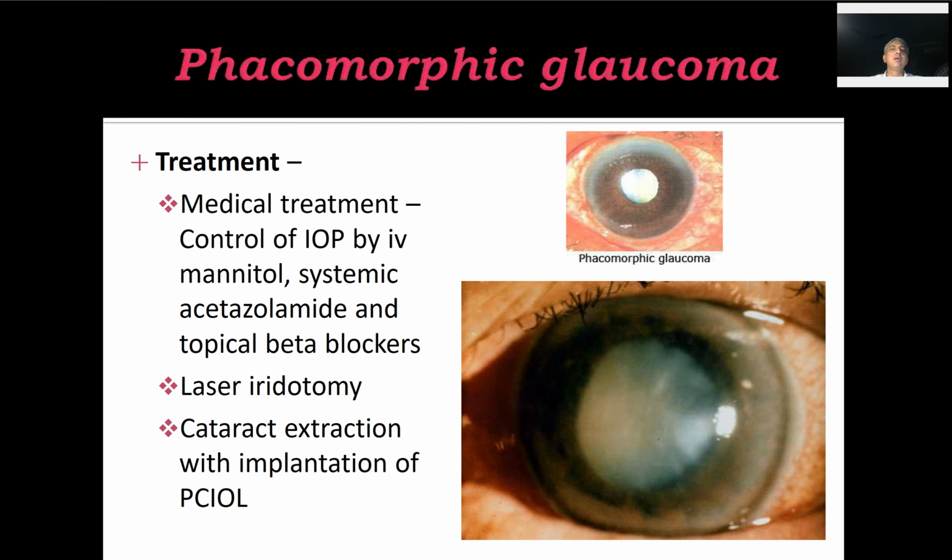If you give pilocarpine, the pupil constricts and the attack is resolved, and then you can do a laser iridotomy to make that connection between the anterior and the posterior chamber, thereby relieving or maintaining the pressure at a normal level, and then you go for cataract extraction with implantation of a posterior chamber intraocular lens.